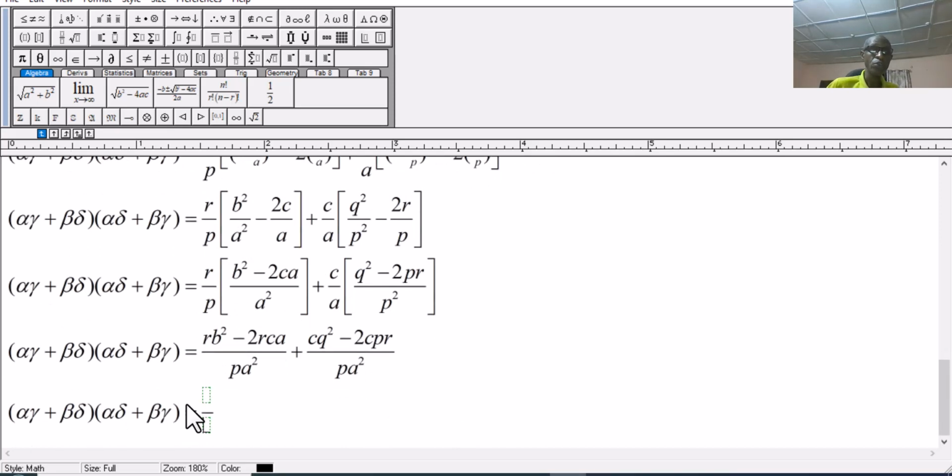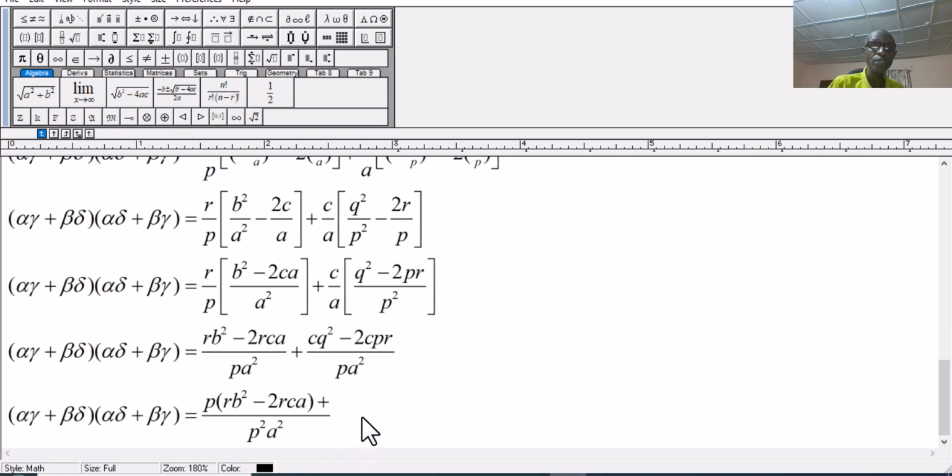So the LCM will be p squared a squared. So on this side you have p into bracket rb squared minus 2rca, plus, no, there's a mistake here.